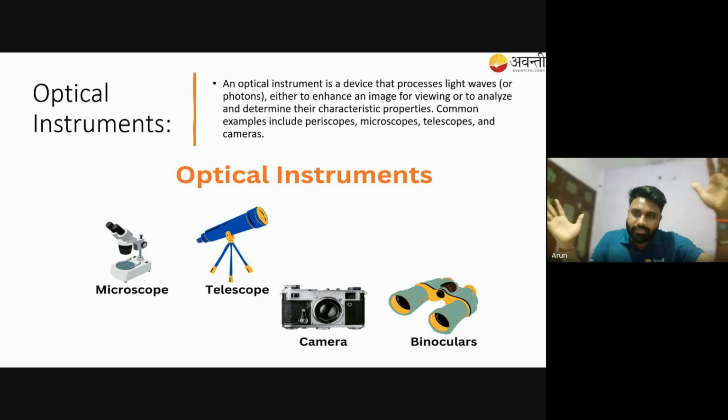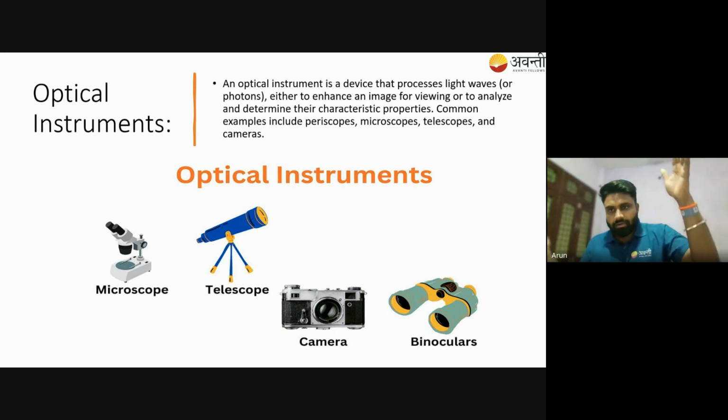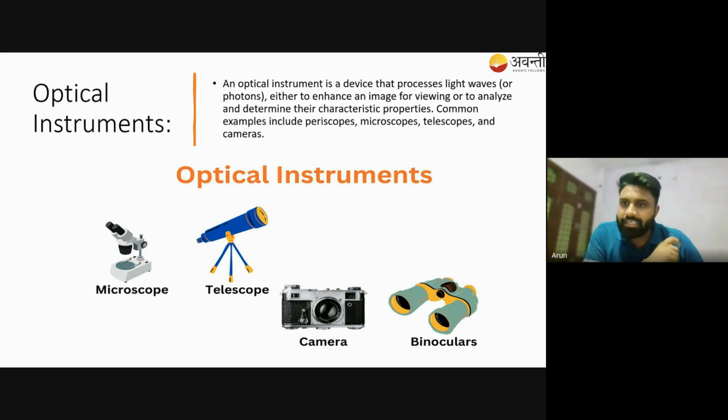It is just providing a diminished image to us, because to capture the moon is a very big task. The moon is a very big object. So the image that we are getting is the diminished one. So the telescope is diminishing the image for us. Microscope is enhancing the image for us, magnifying the image for us. Telescope is diminishing the image for us.